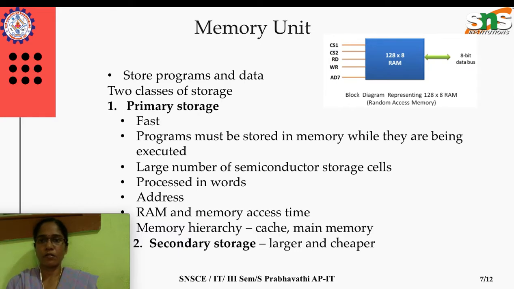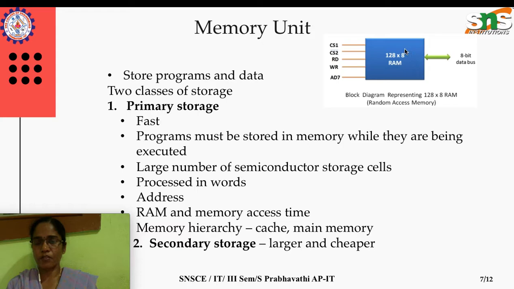Here the diagram for RAM is given. It's a 128 by 8, which means this RAM has the capacity to store 128 words. For representing 128 words, we need 7 address bits, that's what AD7 is here, and the word size is 8 bits.